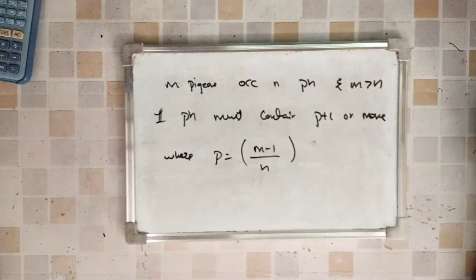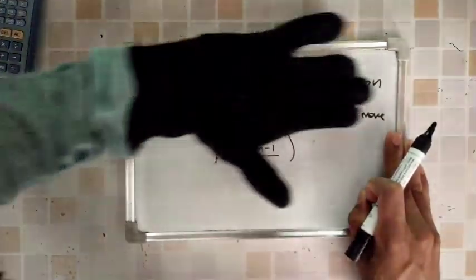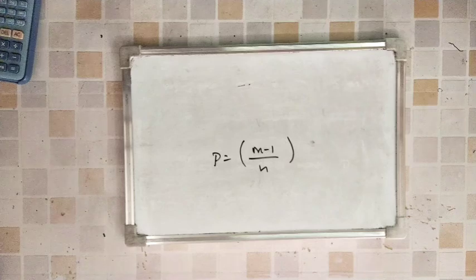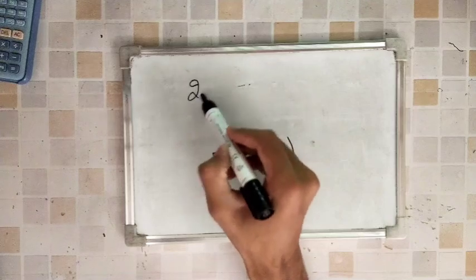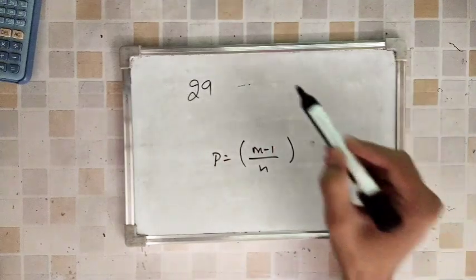Now let us move on to the question. We wrote the definition of the pigeonhole principle, and I will keep this formula as it is. Here, 29 persons are there, and at least 5 persons are born on the same day of the week.